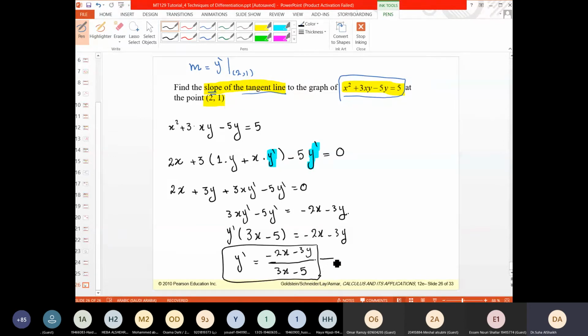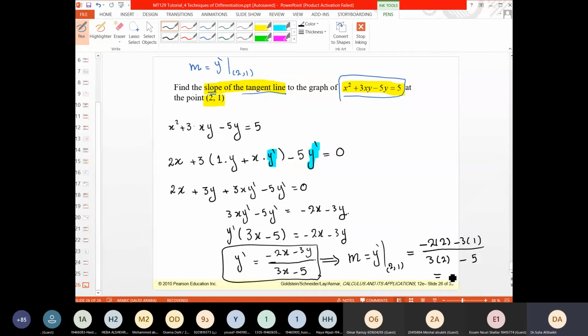Now since they said they want the slope at the point (2, 1), the slope at the point (2, 1), which is the M, is nothing but y dash at the point (2, 1), meaning x is 2 and y is 1. So I replace x with 2 here. This will be minus 2 times 2 minus 3 times y, which is 1, divided by 3 times x, which is 2, minus 5.